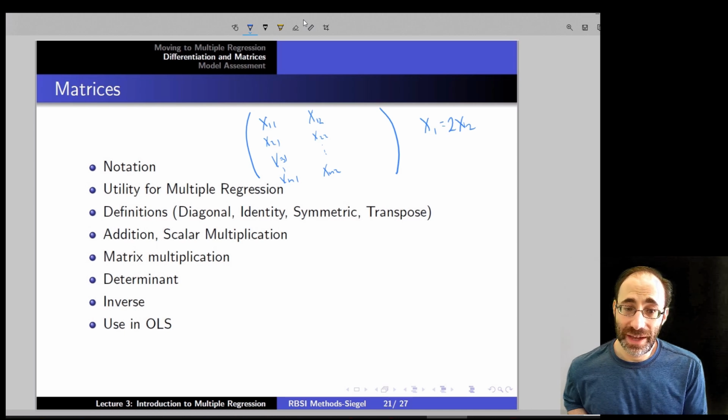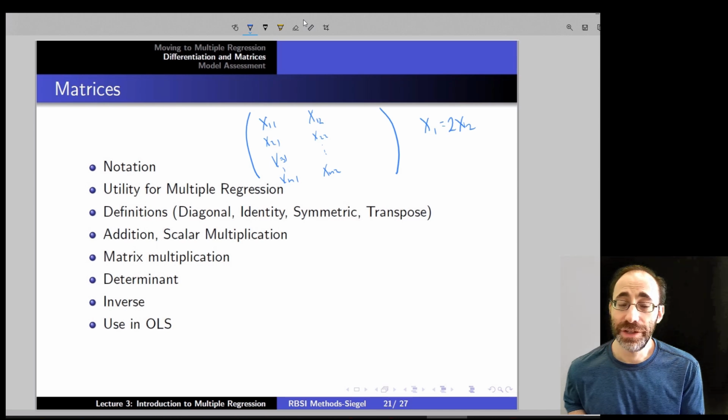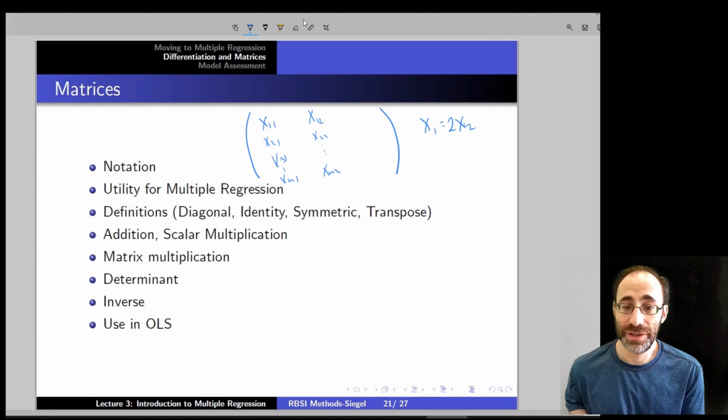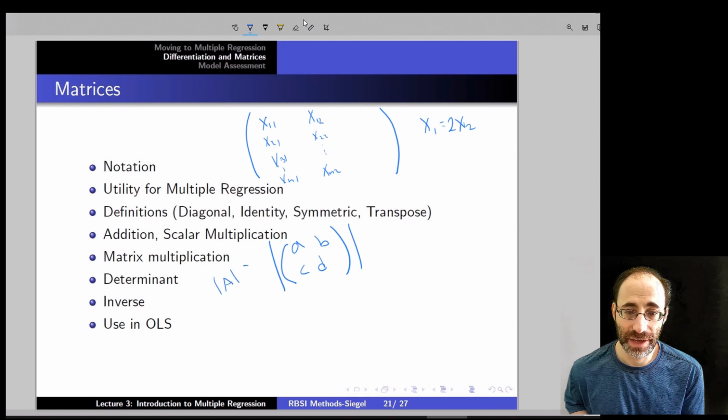One way of seeing that is that the determinant is too close to 0. The determinant of a matrix, and I'm not going to give you the general formula. You can look at that on the other math camp if you like, or on Wikipedia for that matter. But I'll do it for 2 by 2. Here's a 2 by 2 matrix: A, B, C, D. The determinant of this is often represented by vertical lines around the matrix, or if this is A, vertical lines around A, and it's AD minus BC.